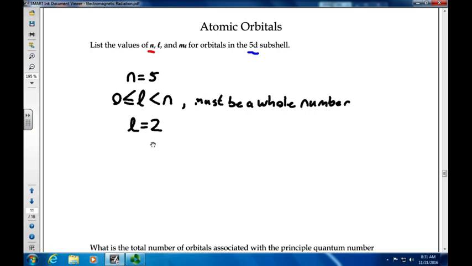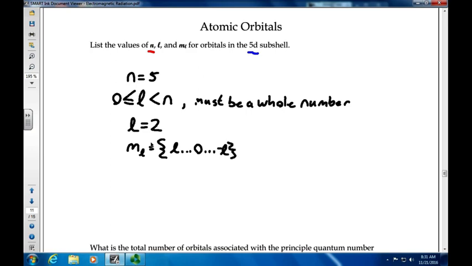In looking at our text, we know that m sub l is going to be equal to all numbers in the set from l through 0 all the way to negative l.